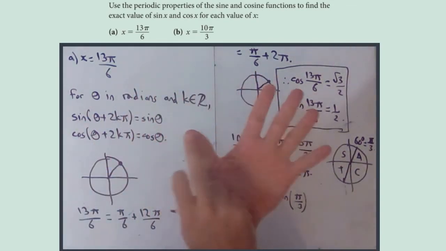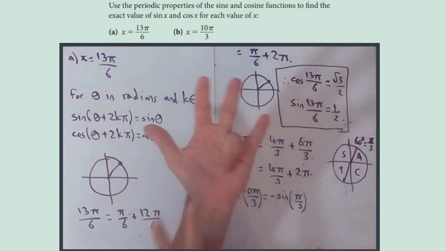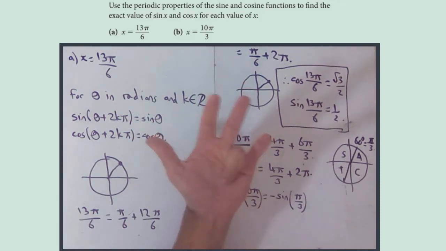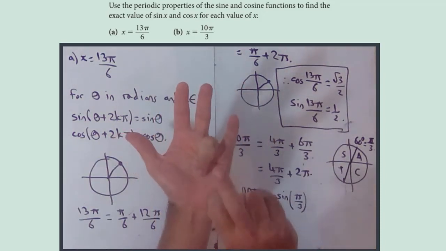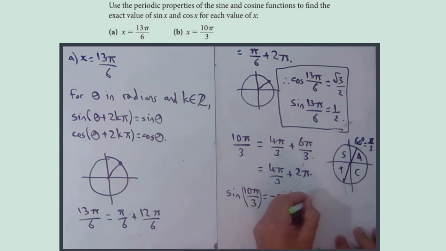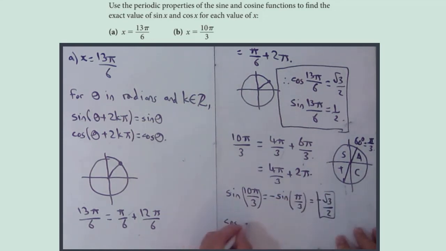If you're not sure, 0, 30, 45, 60: sine 60 is root 3 over 2, cos 60 is 1 over 2. So sine 10 pi by 3 is going to be minus root 3 over 2, and cos 10 pi by 3 is going to be minus cos pi by 3, which is minus 1/2.